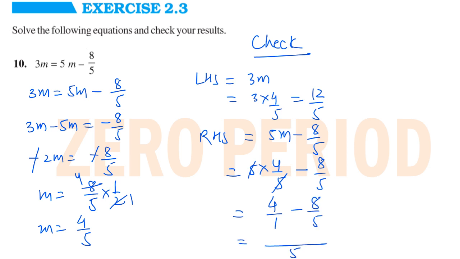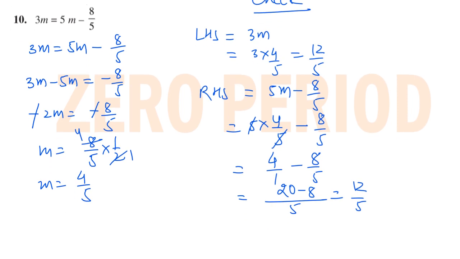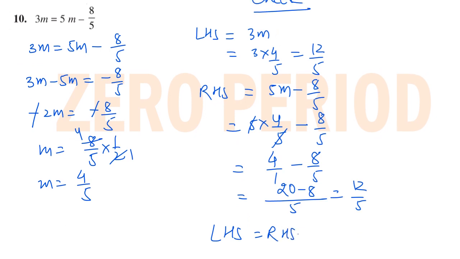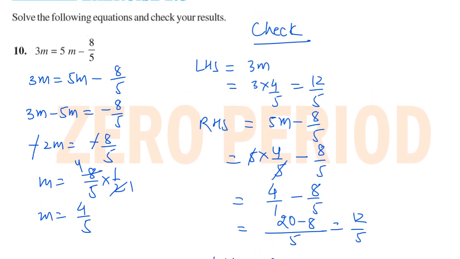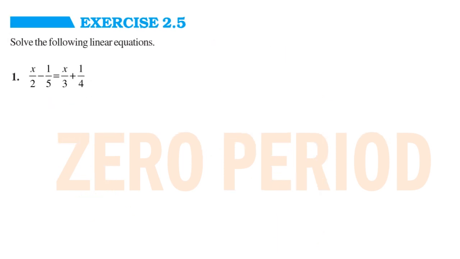LCM is 5. 5 fours are 20. 20 minus 8. It will be 12 upon 5. Now you can see you got 12 upon 5 on the left side also. So finally you can write LHS is equal to RHS. Our answer is correct. So this is the last question of this exercise 2.3. After this we move to the next exercise.